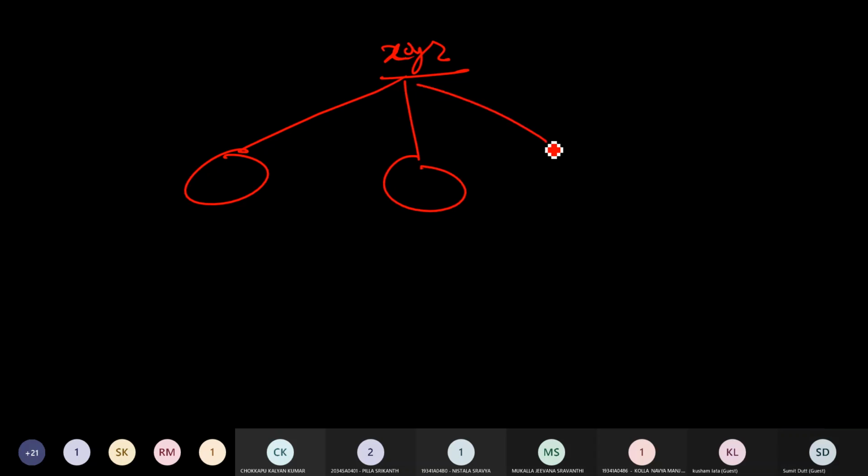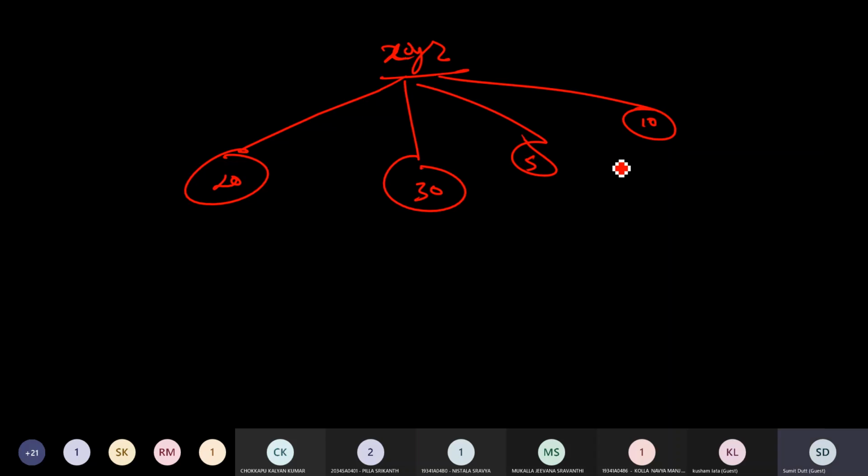Let's suppose I'm a company. This is my company where I have 4 departments, and in these departments I have, let's suppose, 20 machines, 30, 5, and 10.